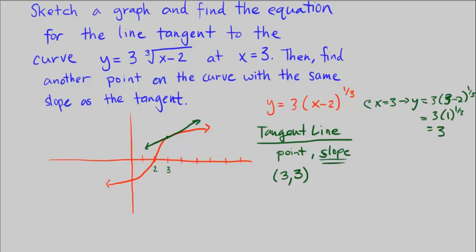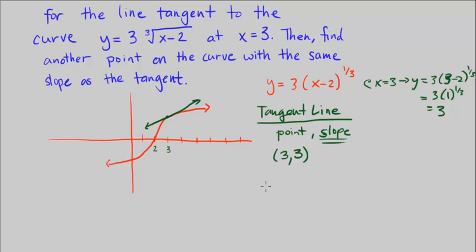We can find it using y prime, which gives us the slope function. Use the power rule: the 1/3 drops down and multiplies by 3 and cancels out, so y prime equals (x minus 2) to the power of 1/3 minus 1, or negative 2/3.